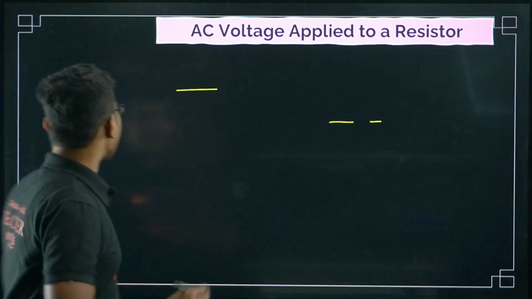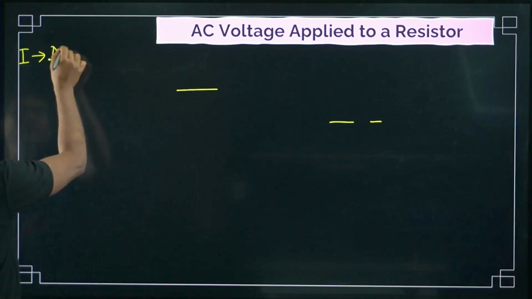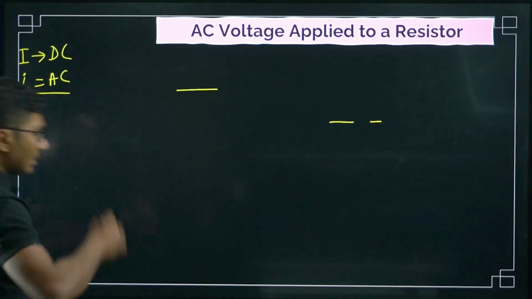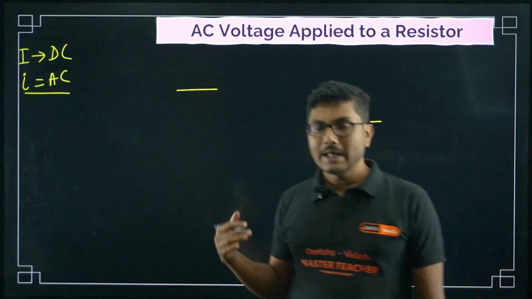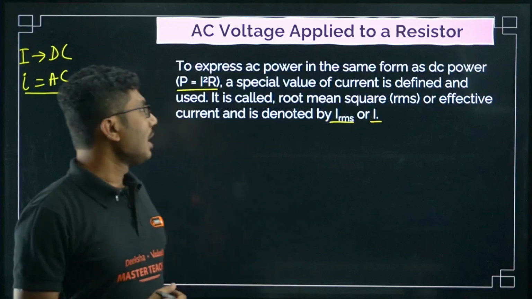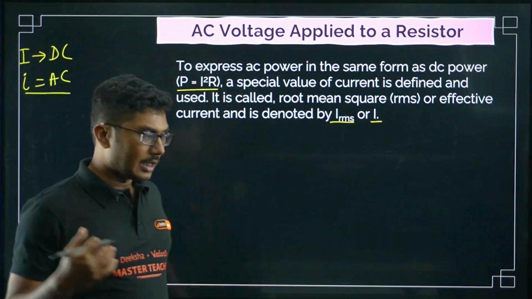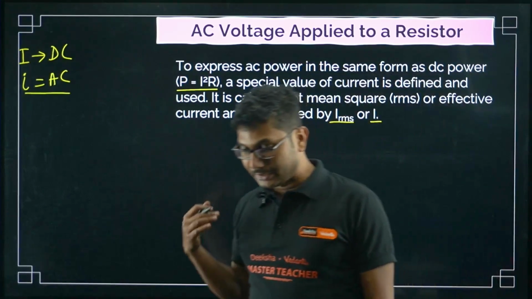Why so? Capital letter represents DC and small letter represents AC. Okay, now because RMS is kind of equivalent DC, that is why we denote RMS with capital letter. Okay, no other current can be represented by capital letter if you are talking about AC.